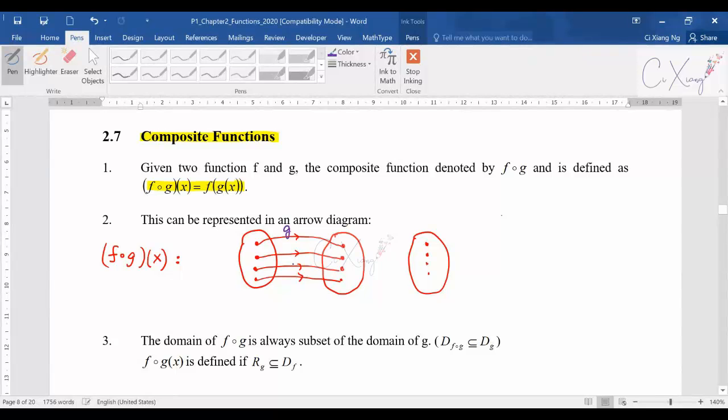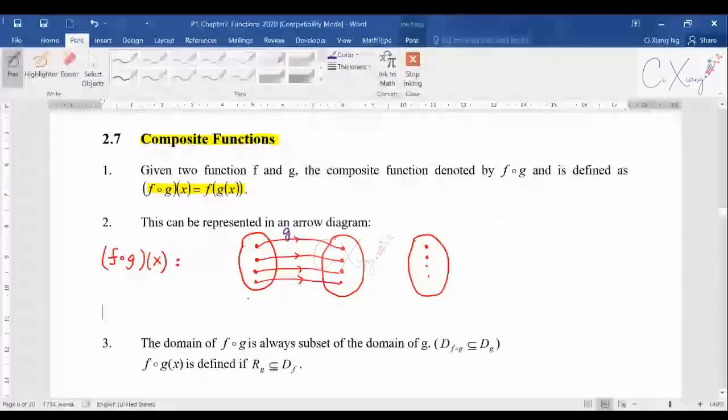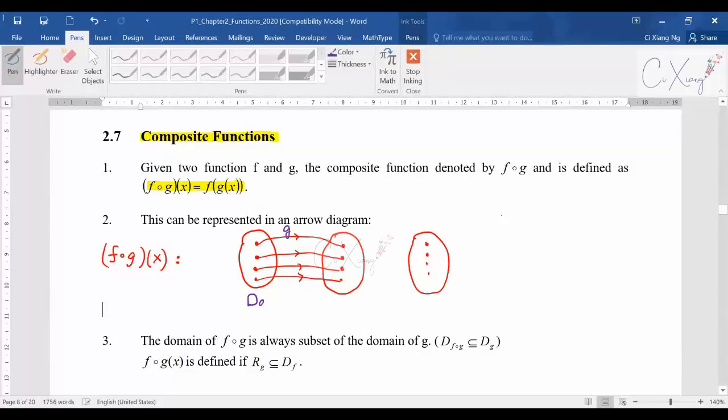This is the starting value, this is the ending value. According to what we learned before, this is the domain and this is the range. So I label this as the domain of g, and this set of values will be the range of g.